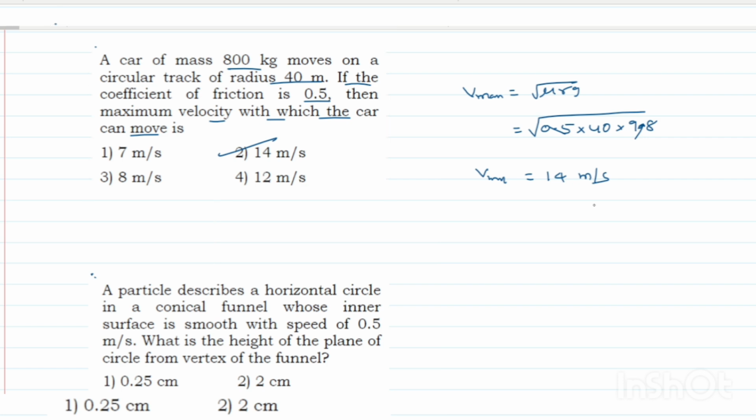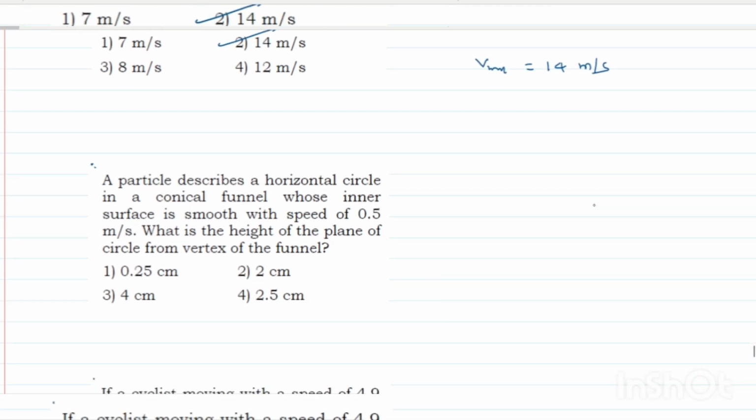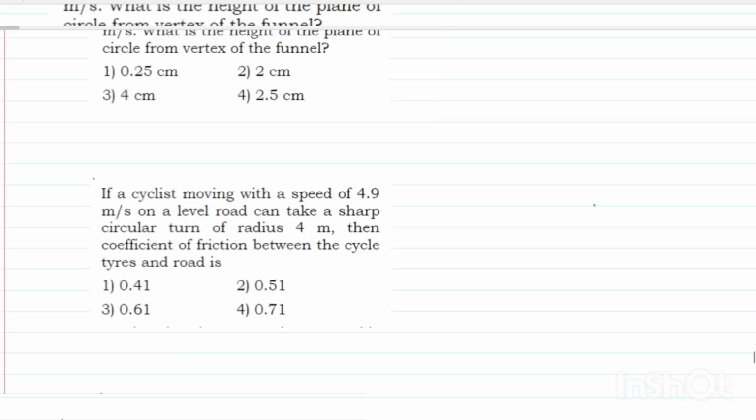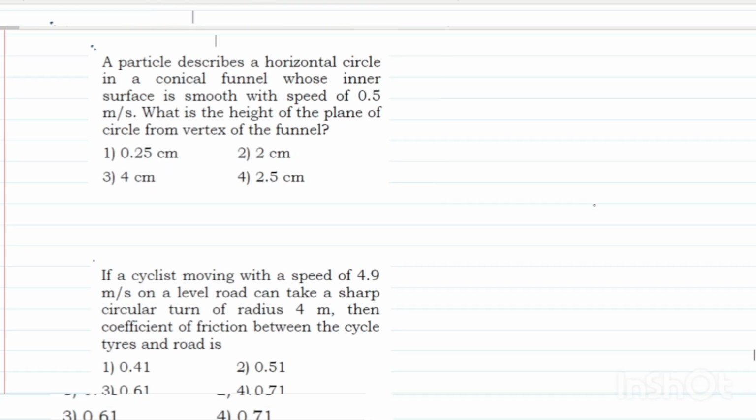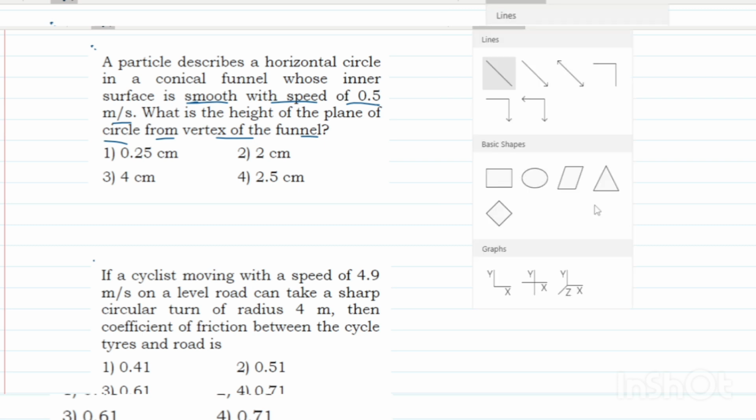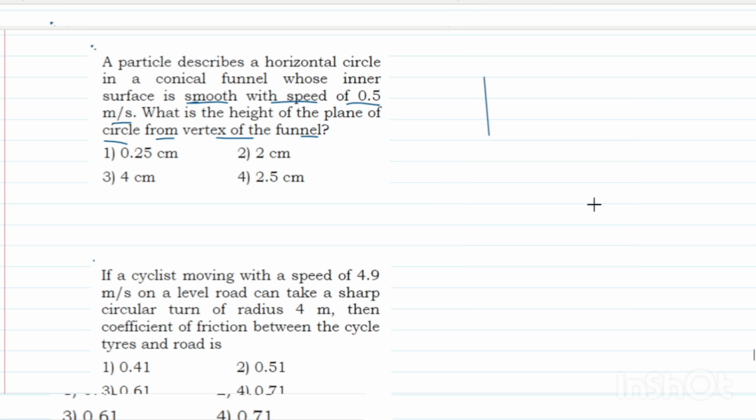Let us take the next question. A particle describes a horizontal circle in a conical funnel whose inner surface is smooth, with a speed of 0.5 meter per second. They are asking the height of the plane of the circle from the vertex of the funnel. Here a funnel is given.